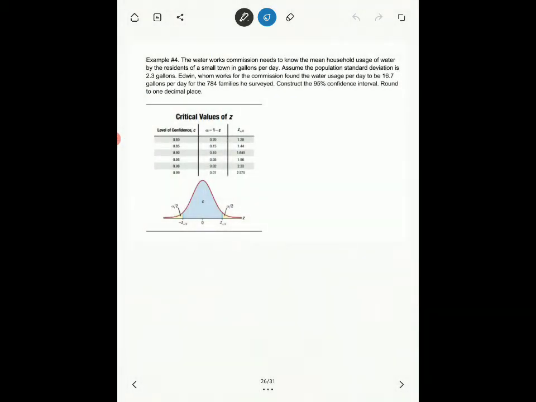Example number 4. The Waterworks Commission needs to know the mean household usage of water by residents of a small town in gallons per day. Assume the population standard deviation is 2.3 gallons, so our sigma is 2.3.